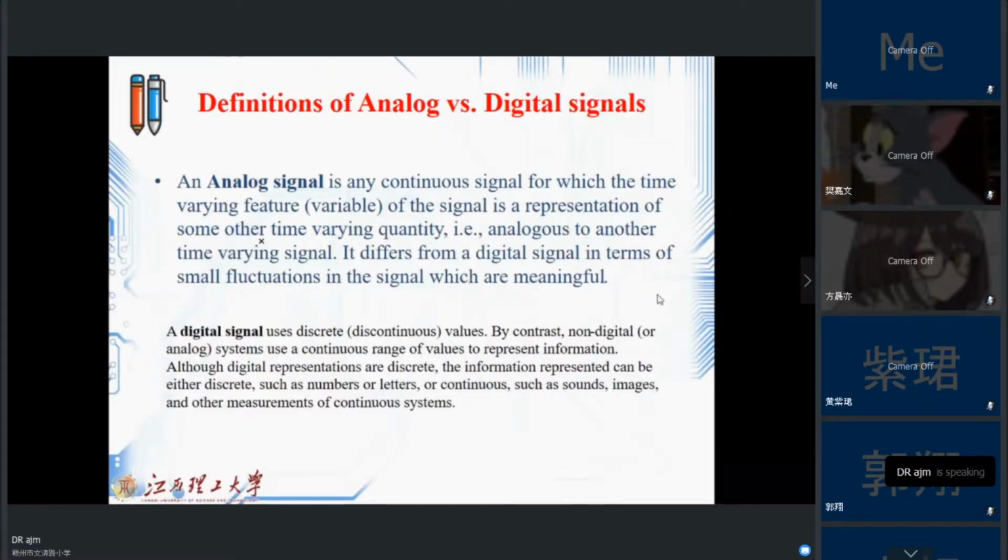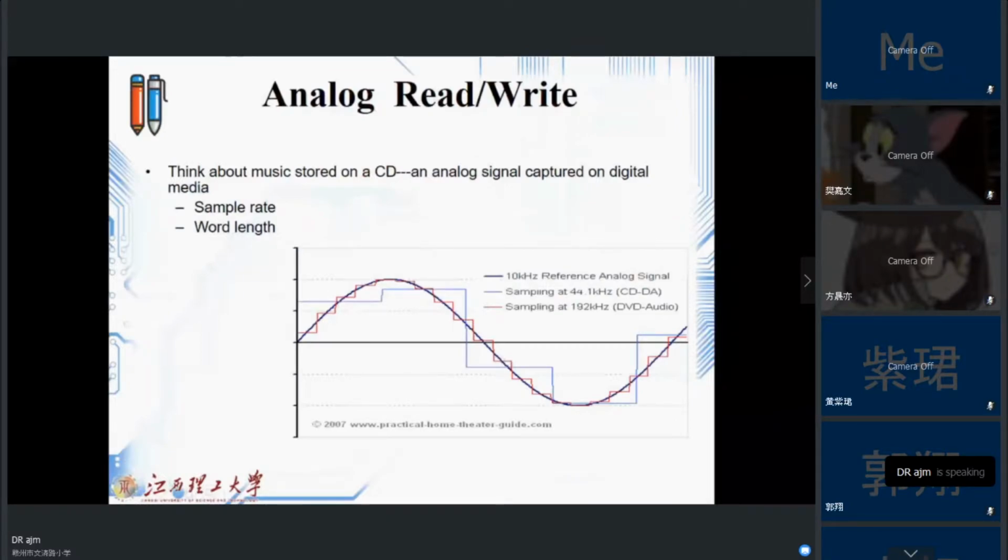Let's continue and look at the analog signal more closely. You will see that I have one sine signal here, and on it I show you the digitized waveform. This is the method used to take the analog signal into the processor.